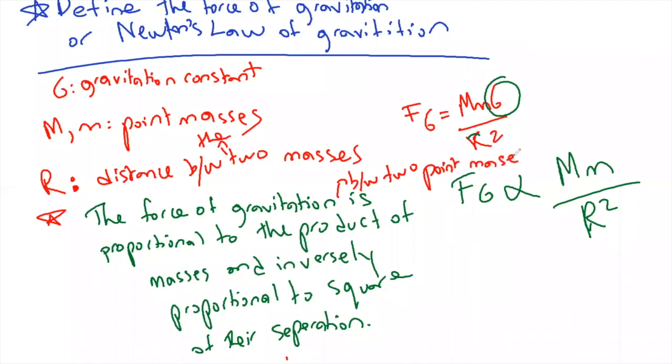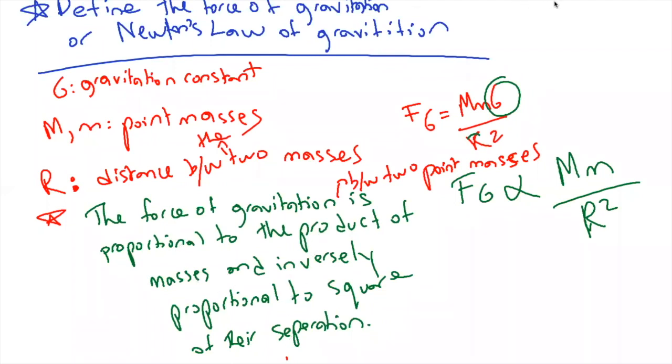Now, I also tried doing one thing. I tried saying product of point masses, but I just think this kind of sounds better. So the force of gravitation between 2 point masses is proportional to the product of masses and inversely proportional to the square of their separation. Now, most of the definitions are just F proportional to masses and inversely proportional to separation.